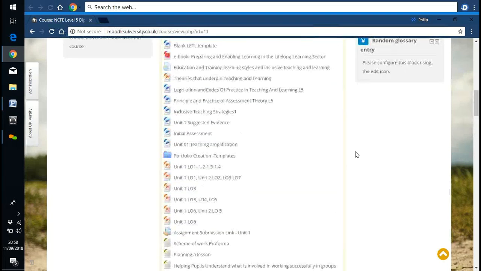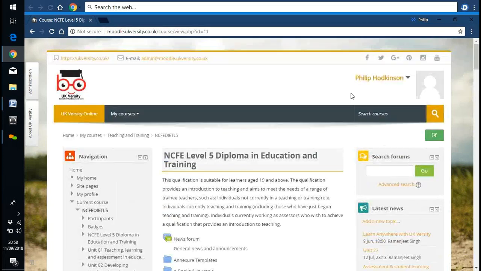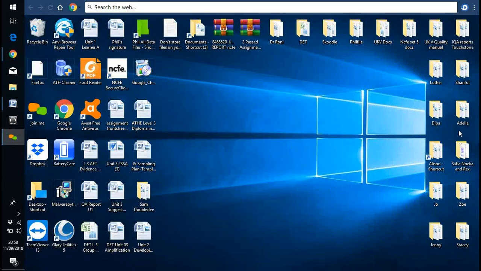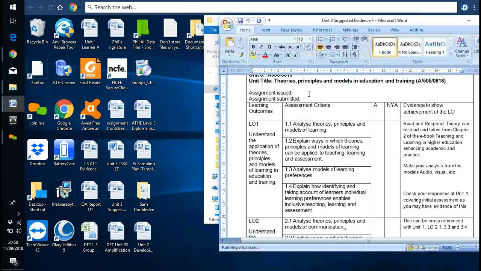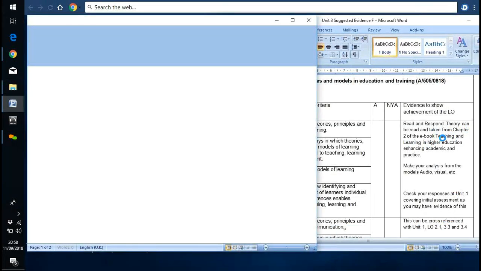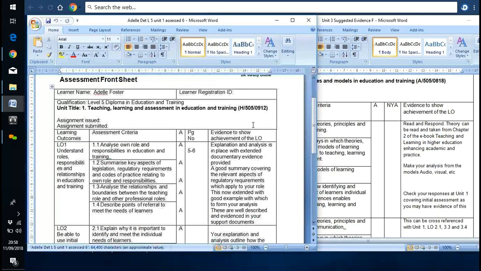Yeah, that's fine. And what I wanted to do before we go off, just put this to one side a minute, to have a look at your file, because I think I am something missing. Right, I've got Unit 1, assessed. No, that's not it. Here we are.